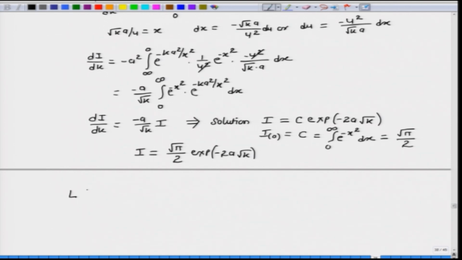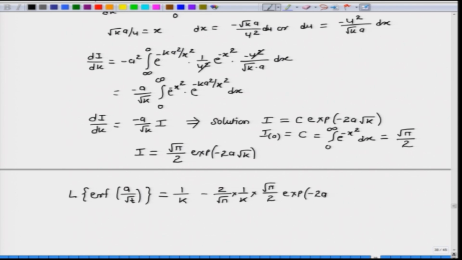So, Laplace transform of error function of a over root t should be equal to 1 over k minus 2 over root pi into 1 over k times root pi by 2 exponential minus 2a root k.